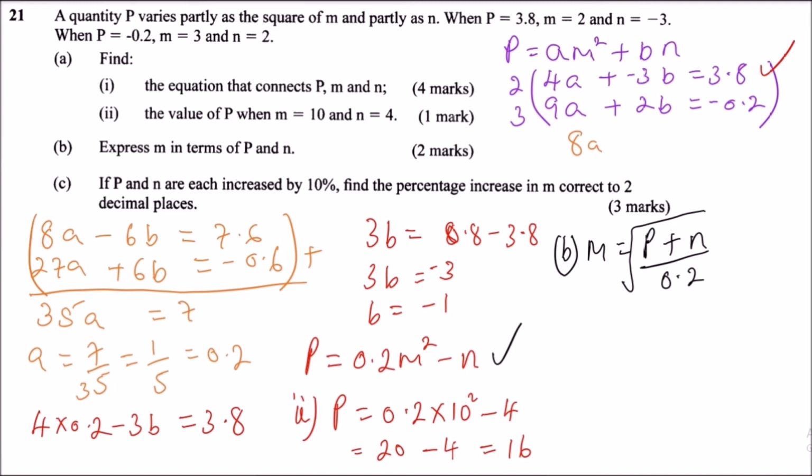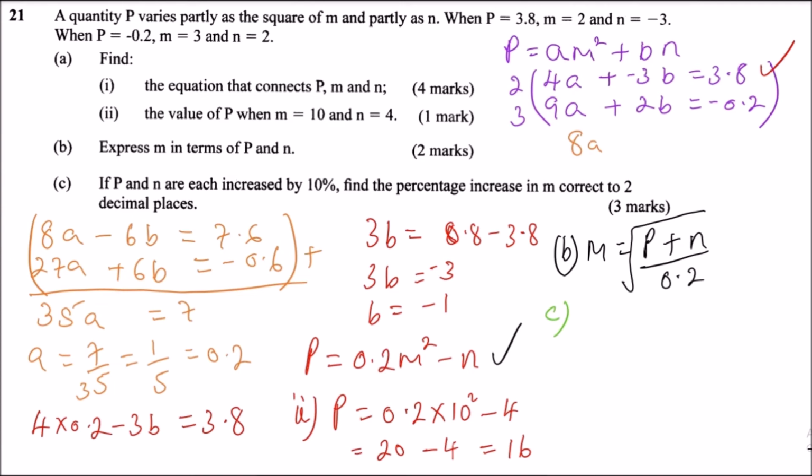And finally we have part C. If p and n are increased by 10%, find the percentage increase in m correct to 2 decimal places.